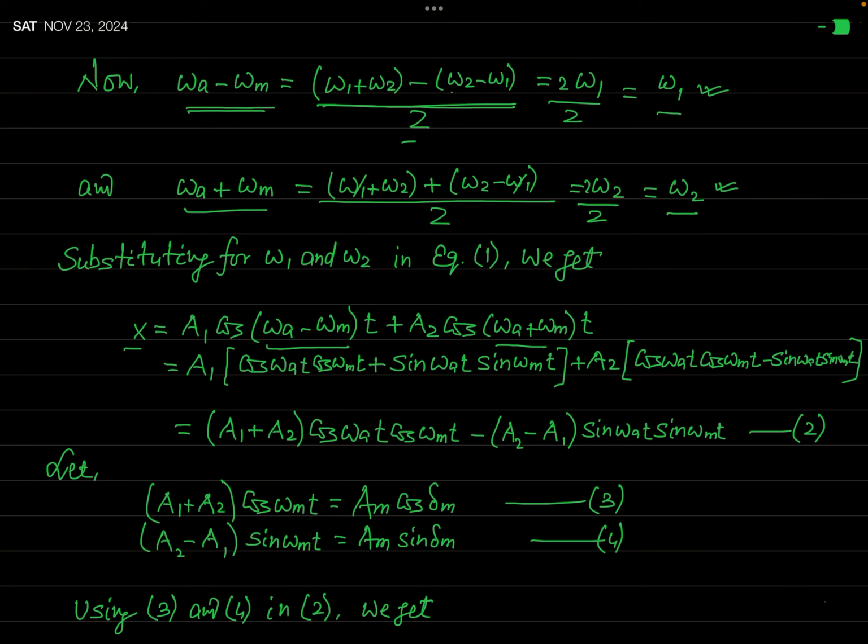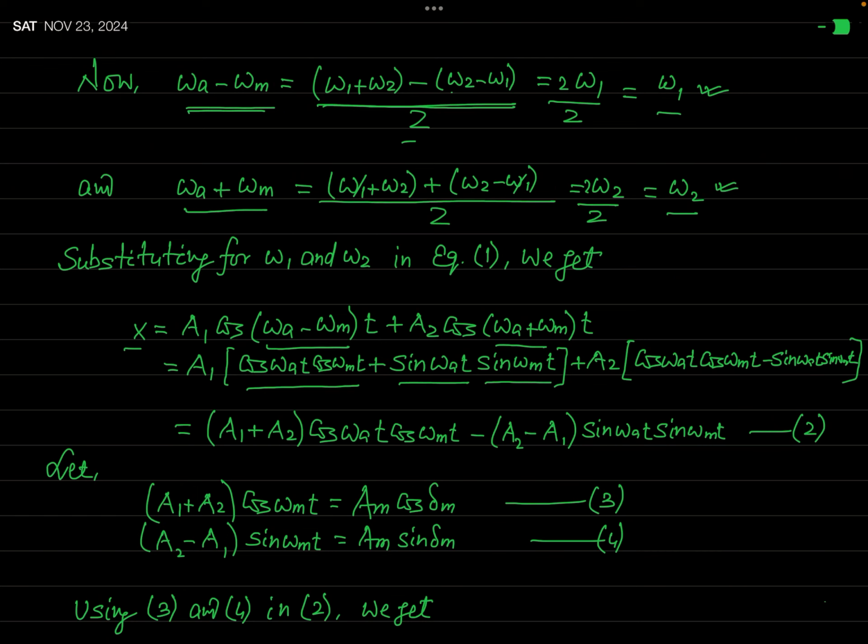Now we will expand both of these cosine terms by using the trigonometry formula: cos(a + b) = cos a cos b − sin a sin b. Using this formula, you can write cos(ωa − ωm)t as cos ωat times cos ωmt plus sin ωat times sin ωmt.